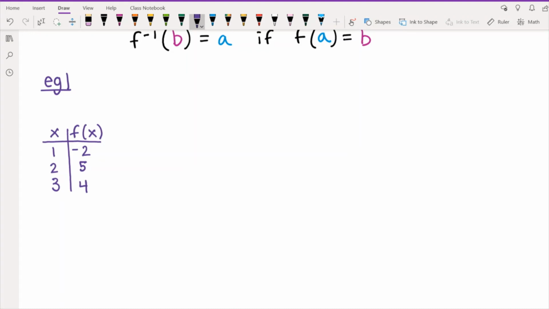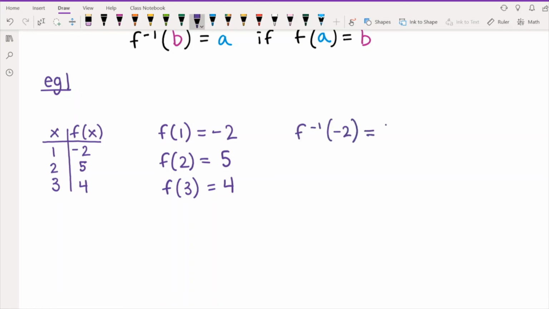We know that f of 1 is equal to -2, f of 2 is equal to 5, and f of 3 is equal to 4. So how would the inverse function go? Well, that would mean that f inverse of -2 would be equal to 1, f inverse of 5 would be equal to 2, and f inverse of 4 would be equal to 3.